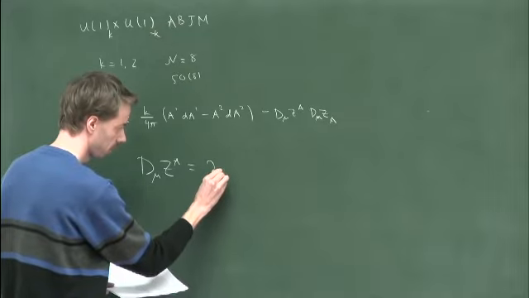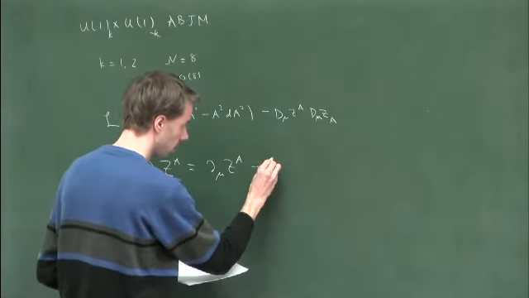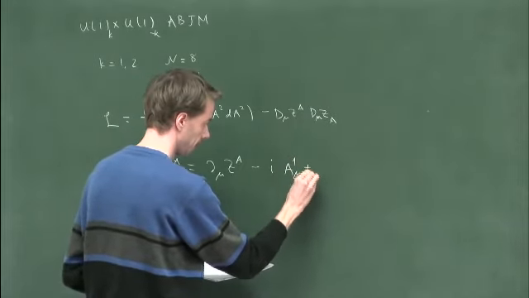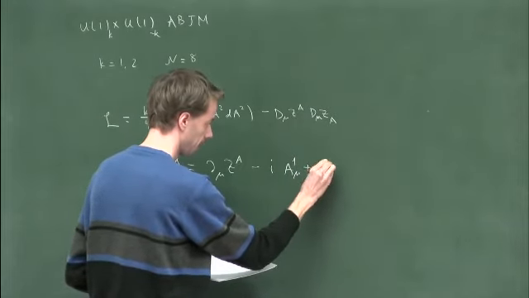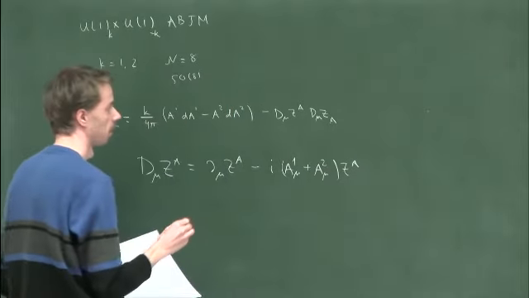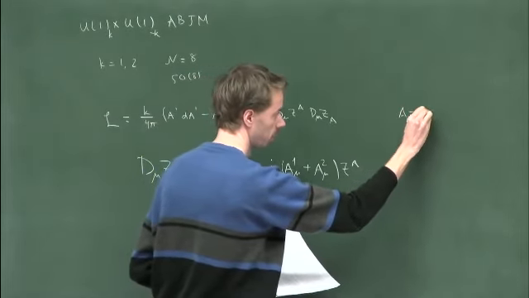This is a gauge covariant derivative. And A is running from 1 to 4.